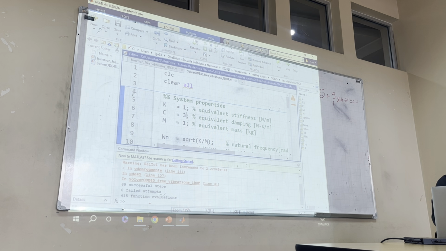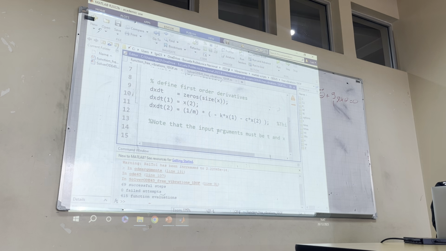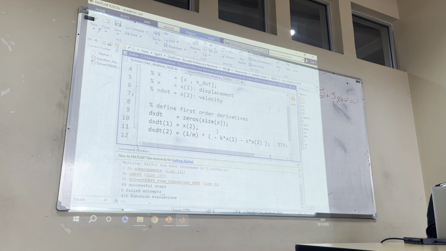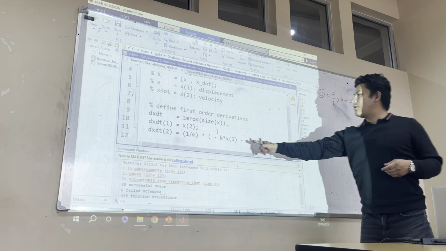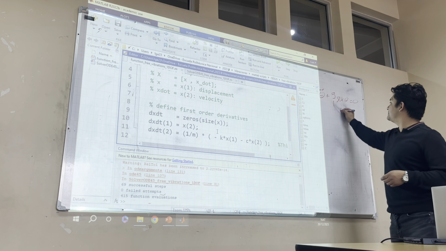It is 1. What is the value of C? 0. Let's put 0. What is the value of K? G over L. Right, so let's say that this thing has 1 meter length. G over L is going to be how much? 9.8. Right? This is the first modification. The second modification, go here and change this definition. So now we don't have x1 or theta.